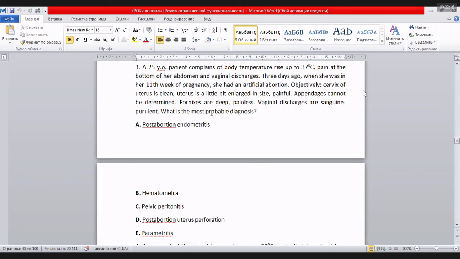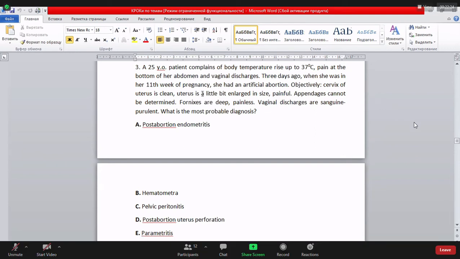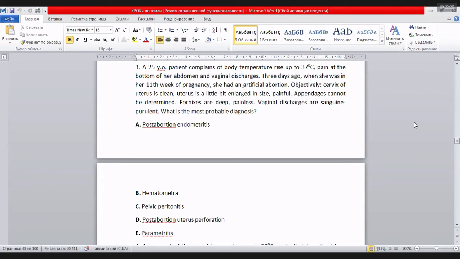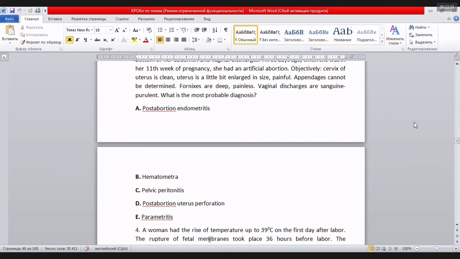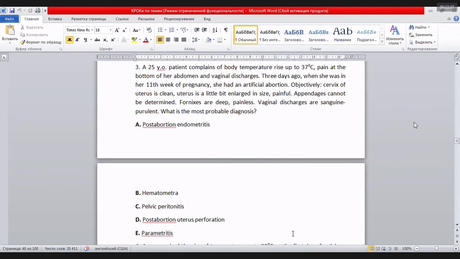Usually after abortion, but with pus, it is not usual. Yes, purulent discharges, and enlargement of the uterus and painful during palpation. Also, these are the signs of metroendometritis. Pelvic peritonitis, no signs in this test.